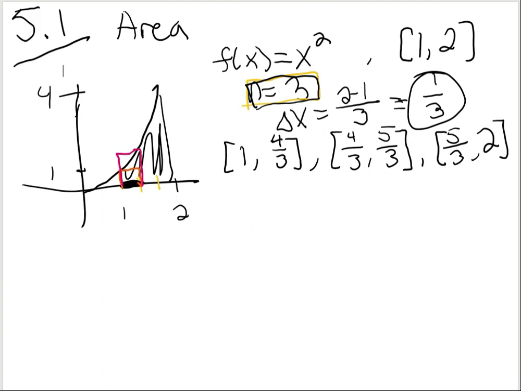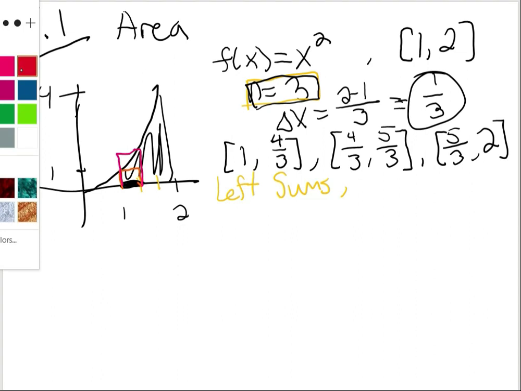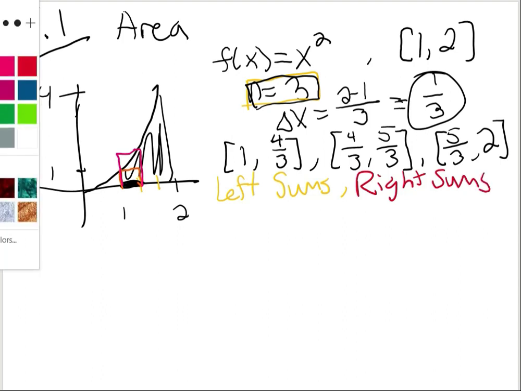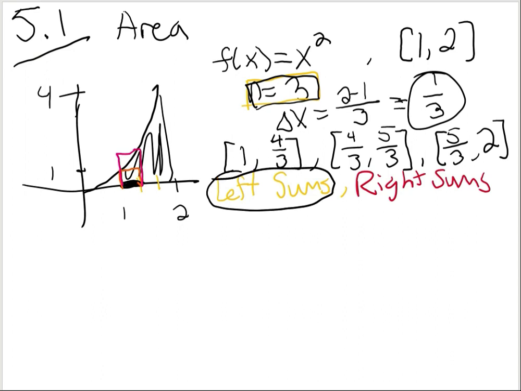Well, it depends which approximation I want to use. If I use the left endpoint, I'll call them left sums. And if I use the right endpoint, I'll call it right sums. To start out with, let's start with the left sums.